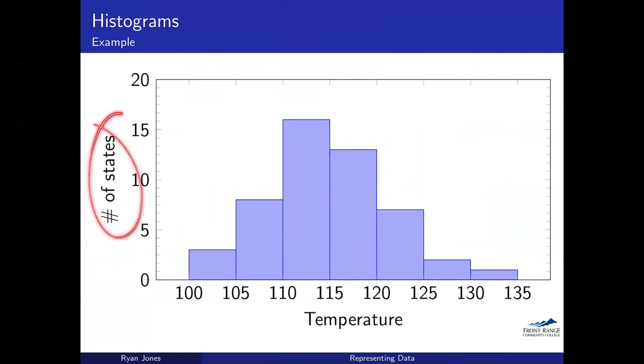Take note of the labeling and also the slight differences where we connect all of our bars, and the weird thing where we say this bar corresponds to this number up to 1 less than the second number. There we go. So that's histograms and pie charts. We'll go ahead and call that for the lecture.